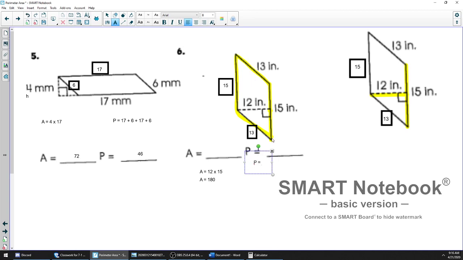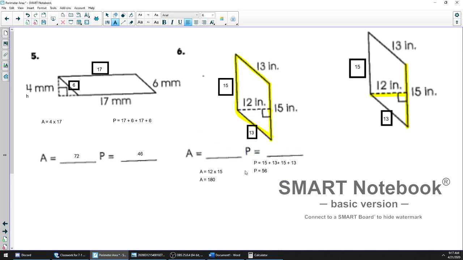Say we start over here. So I would have 15 plus 13, because I'm walking up here. I'm going to go straight down. What is that? Plus 15. And then this slant, which is 13, not 12. Okay? Remember, I'm walking on the outside dark lines. If I add that up, you would get perimeter equals 56.